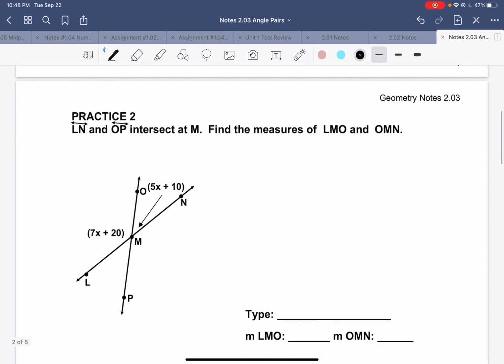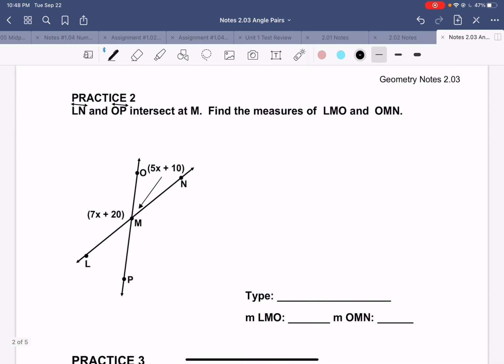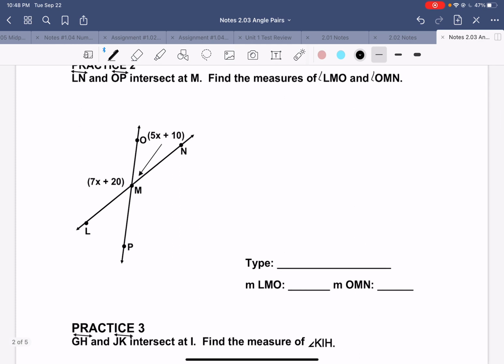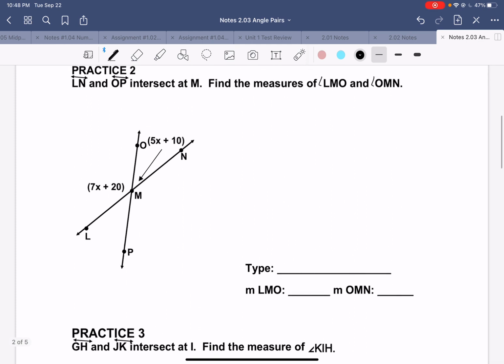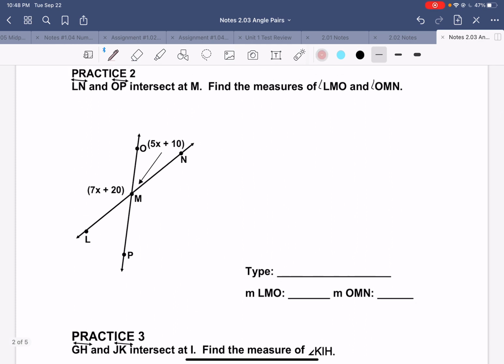All right. Practice 2. LN and OP intersect at point M. Find the measure of LMO and OMN. So the first thing you have to do is determine the type of angle it is. The values that we are given right here are this angle and this angle.